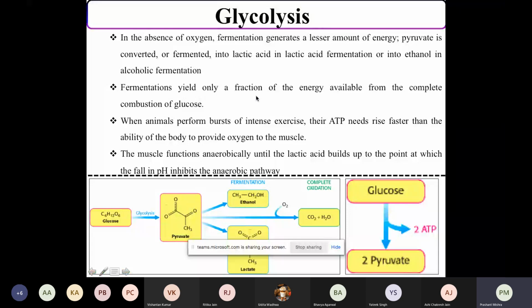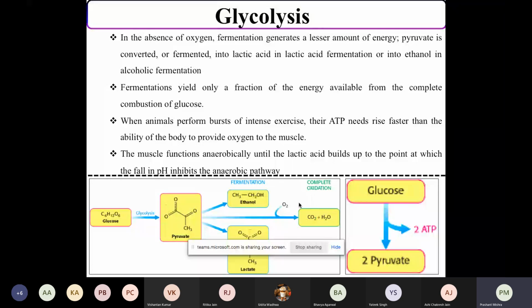Fermentation yields only a fraction of energy available from the complete combustion of glucose. So that you have learned. You will be learning that at the end of glucose conversion completely into carbon dioxide and water, you get almost 36 or 38 ATP, depending on which mode of entry of certain molecules inside the cell is happening.